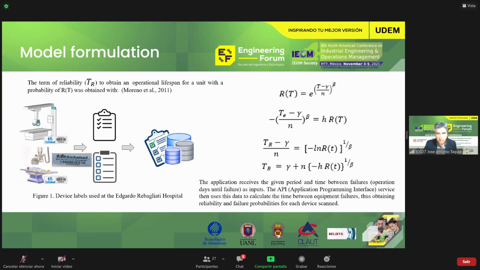This can be an input for our model and for an application created on a smartphone, so we can predict if maintenance is necessary or not, if we are in a risk zone for failure.